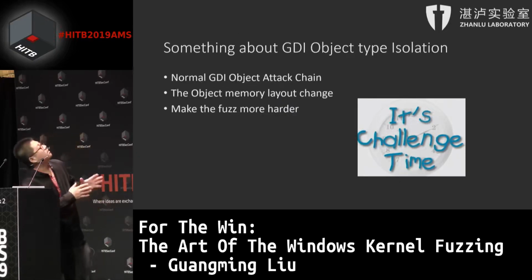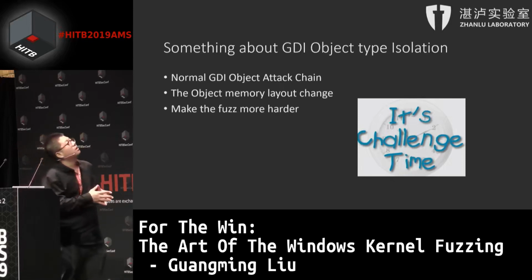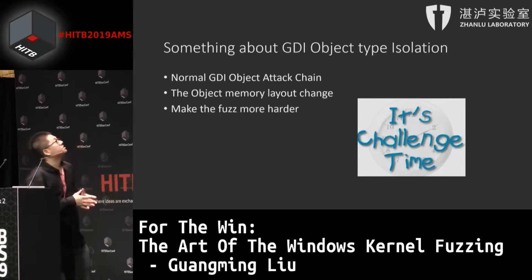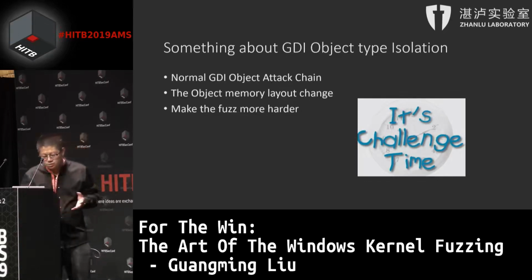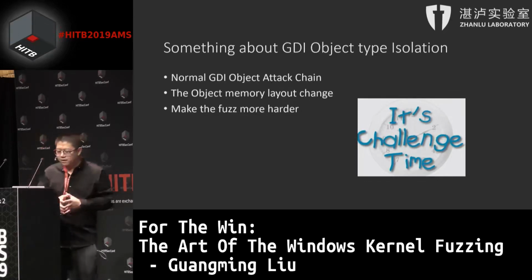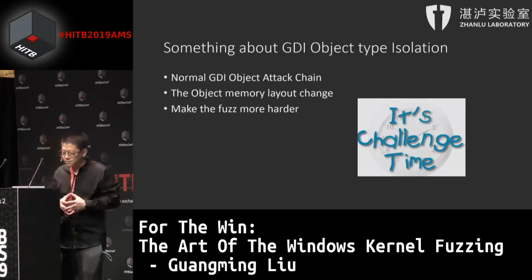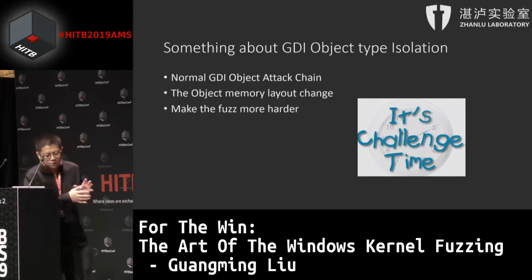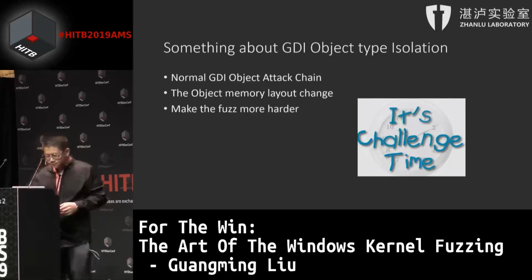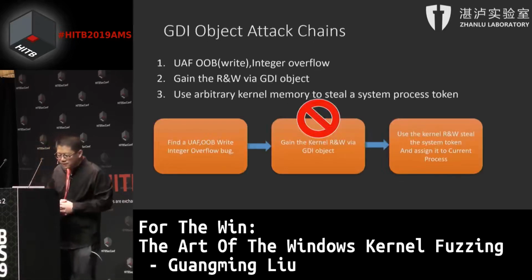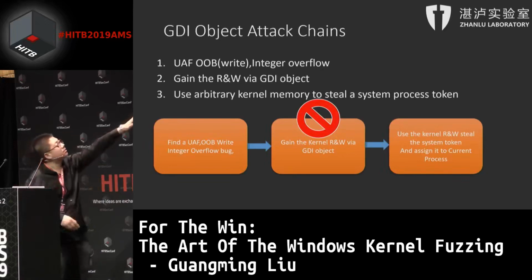And this is something about the GDI object type isolation. I will show the normal GDI object chain and the object memory layout change, and how it makes the fuzzing more harder. And you can see the picture.